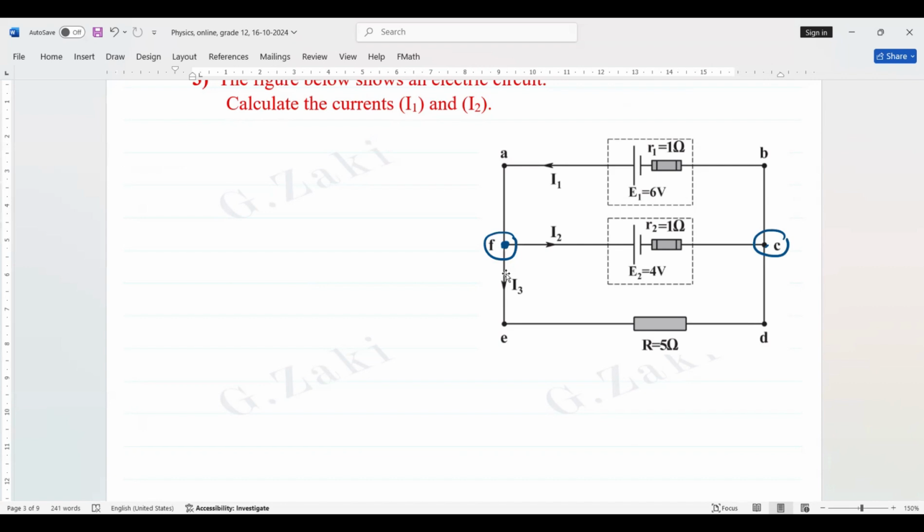Now, second step, we follow the direction of the current in the circuit. I1 starts from junction C. So this is I1. Can you see?